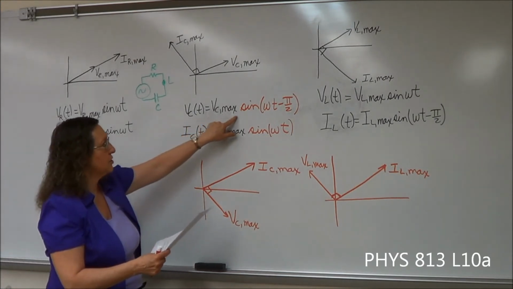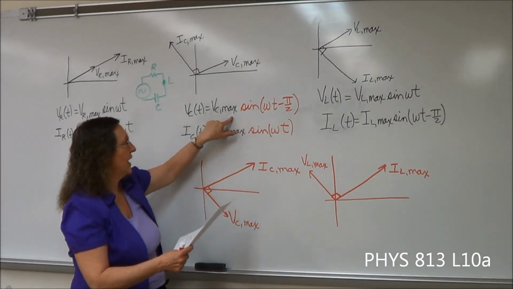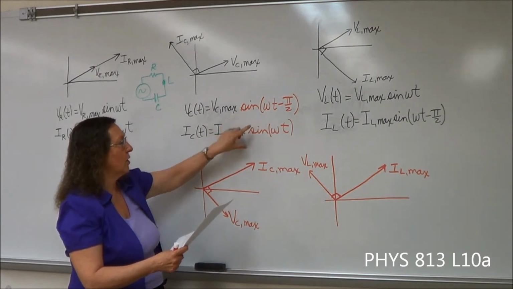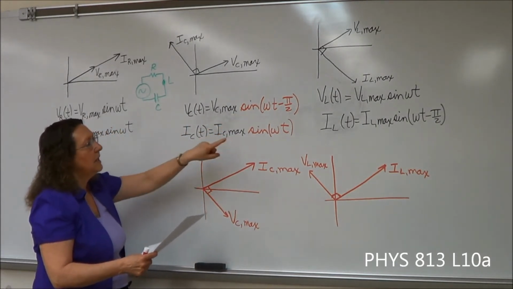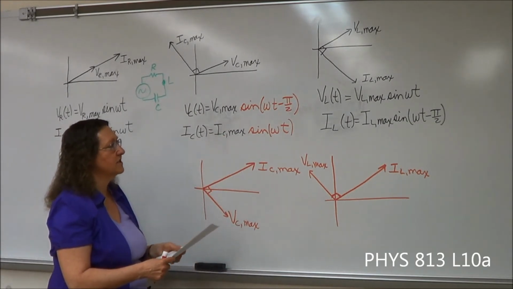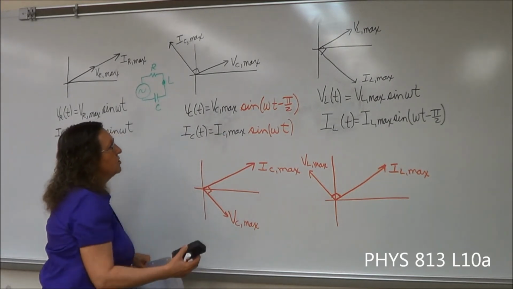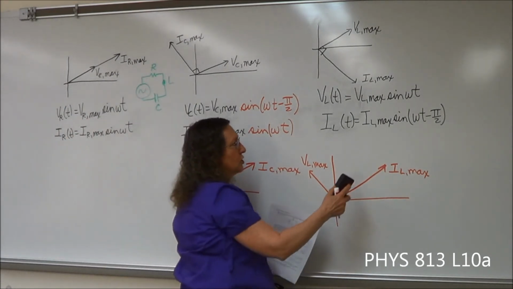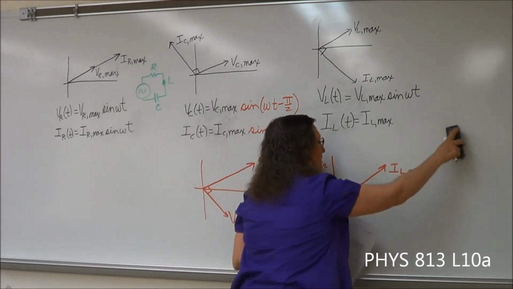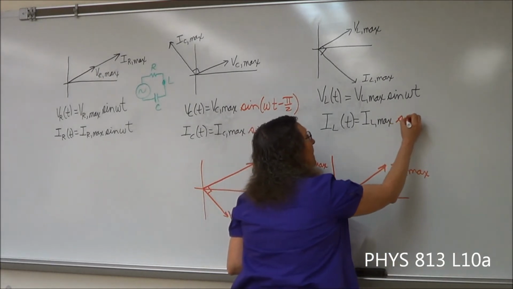And then these two, now that I have in red and black, these are what you have for the voltage and current for the capacitor. Now we need to modify the ones for the inductor. So the one for the current for the inductor must have just sine omega t.